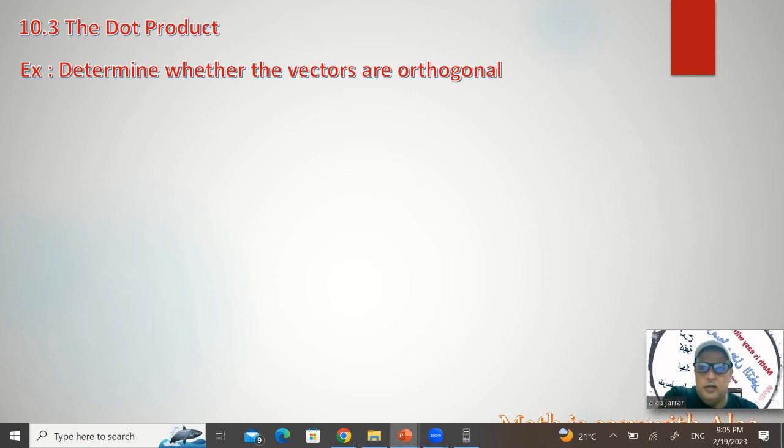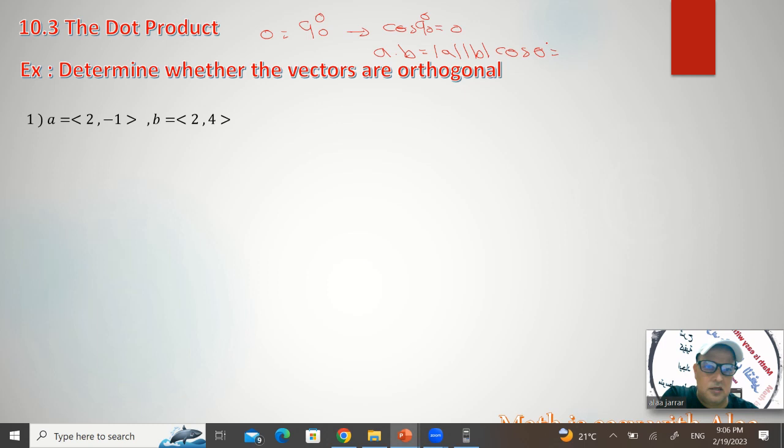Now, how can we determine whether the vectors are orthogonal or not? If they are orthogonal, then the angle between them is 90, and cosine 90 is 0. So A dot B will be 0, because it is the magnitude of A times the magnitude of B times cosine theta, which is the magnitude of A times the magnitude of B times 0, and it will be 0.